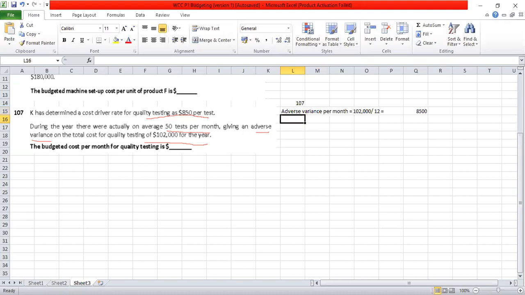So the standard rate which is given is 850 per test.